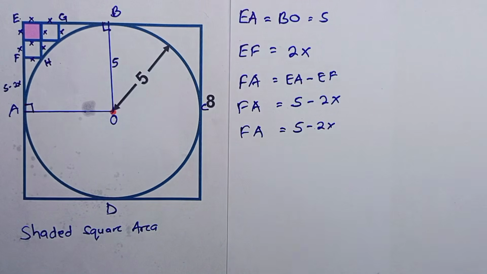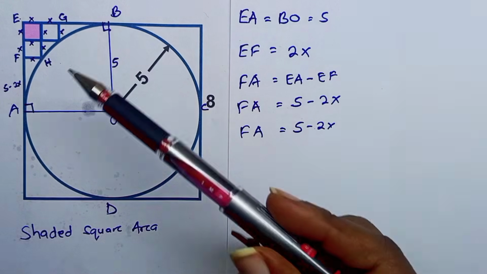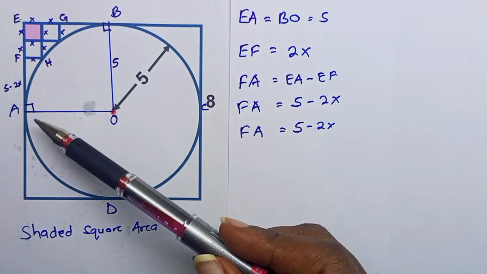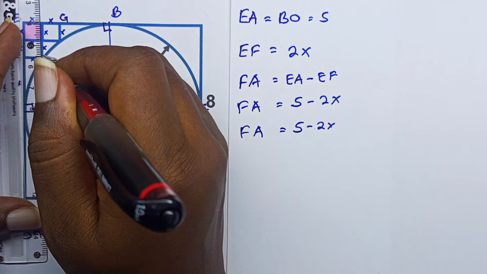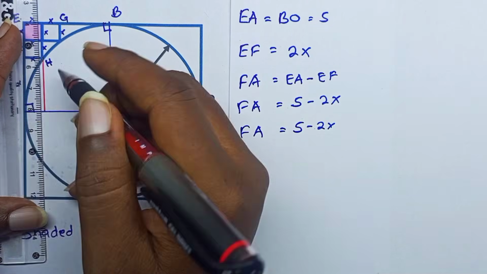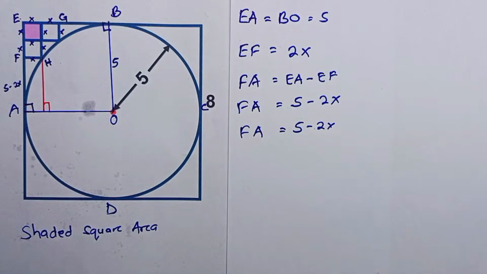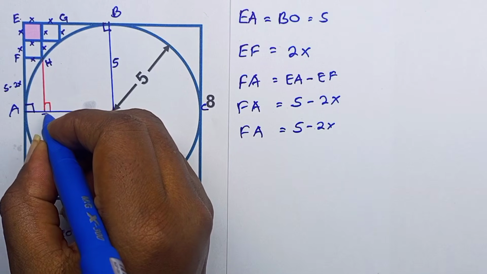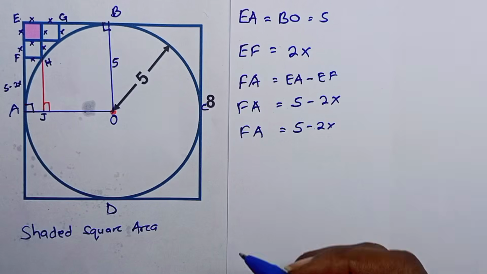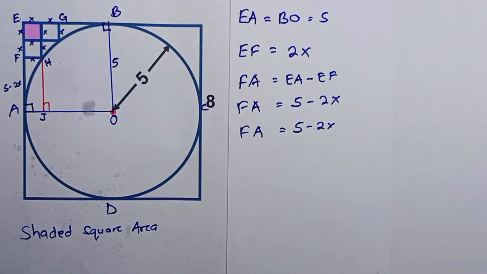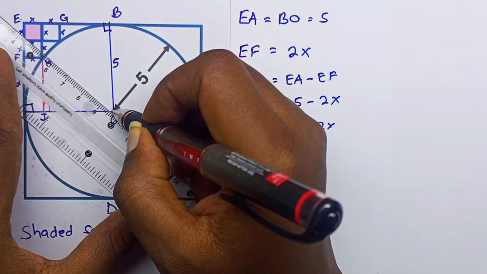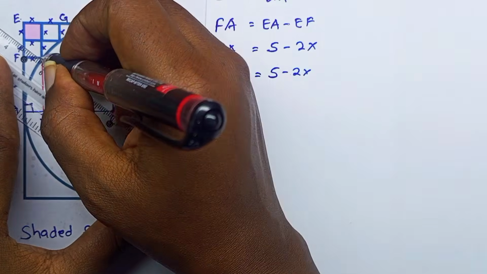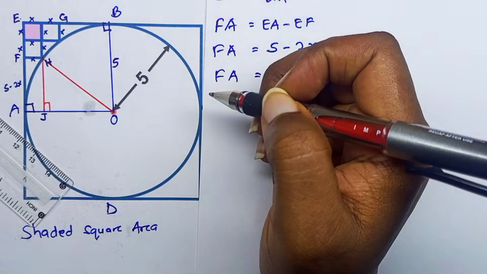Next step, let's drop a perpendicular line from point H to line OA, so this is 90 degrees. Let this point be point J. Next, let's connect point H to center O, just like that.